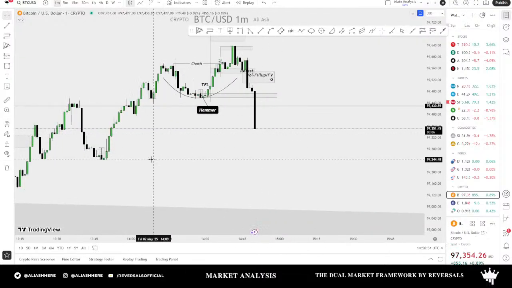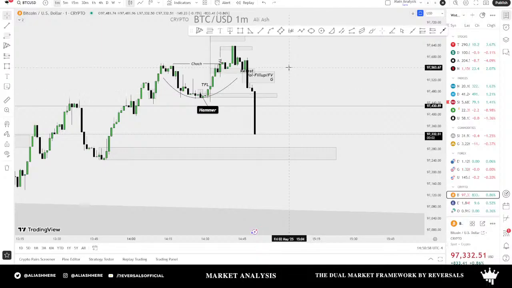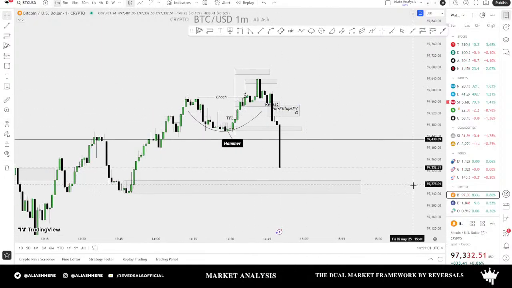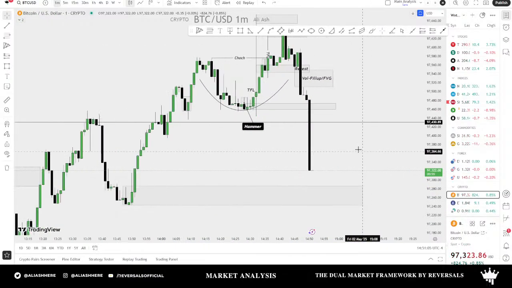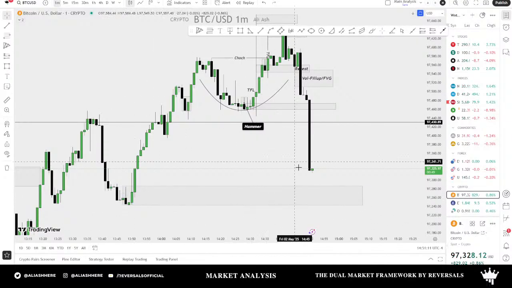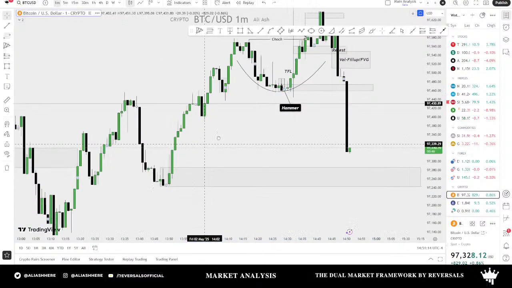Okay, now we have this one. If one hammer fails, the other goes by and the supply follows, and this one is pretty big. This one is also a hammer, and this will retest this hammer too.